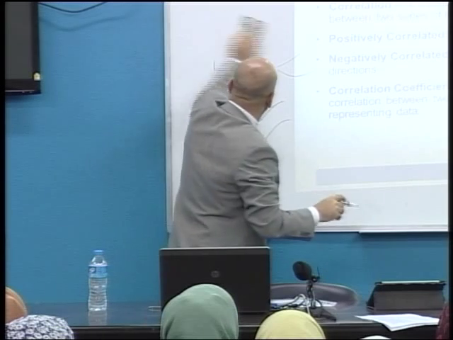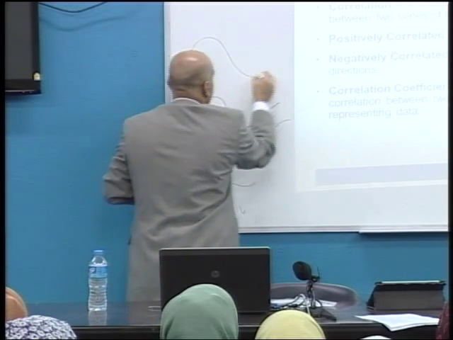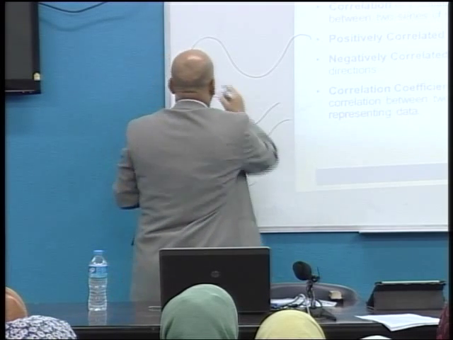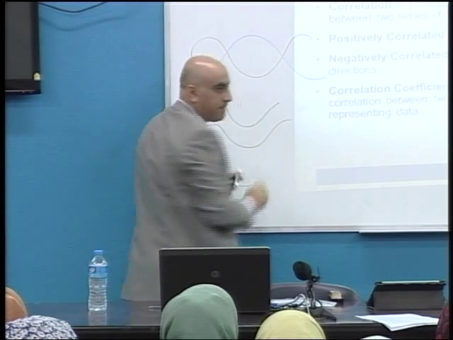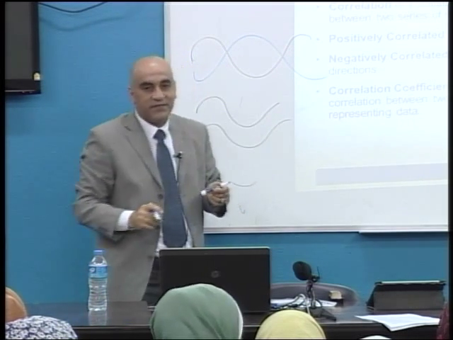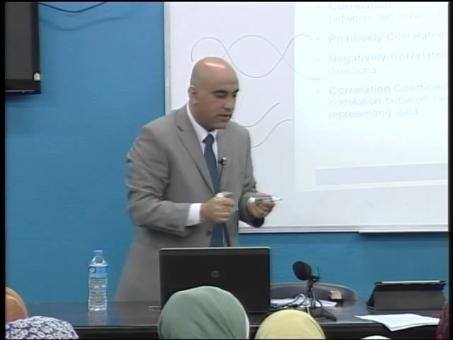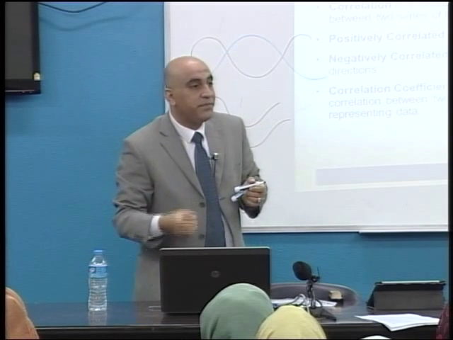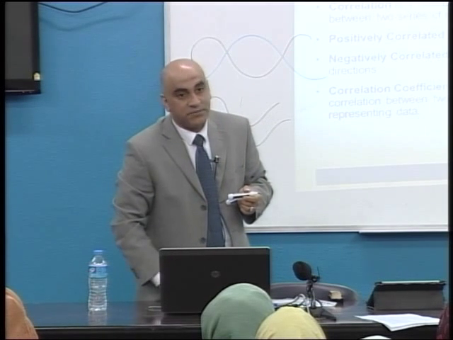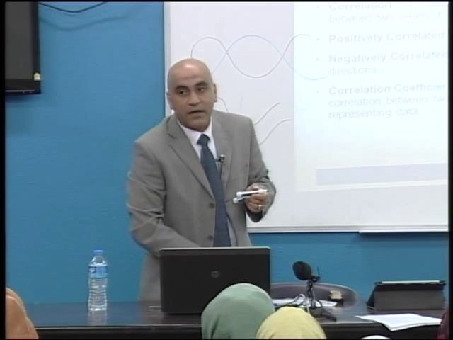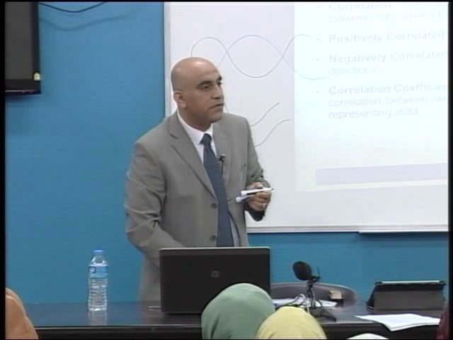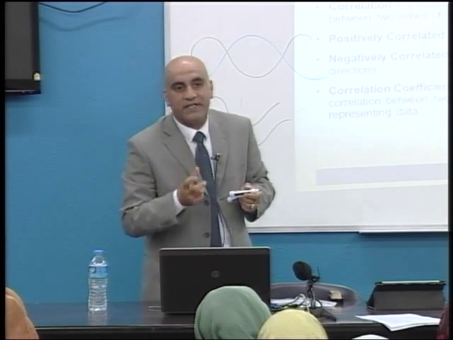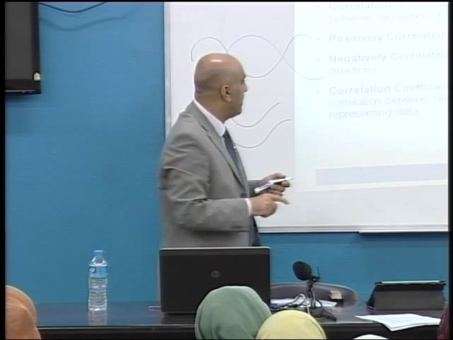Let's use a different color. Okay, this is A, and this is B. This is negatively correlated. And the efficiency of the portfolio depends on the correlation between A and B, or depends on the correlation between the combination of assets in the portfolio.